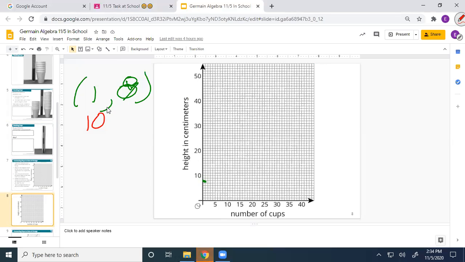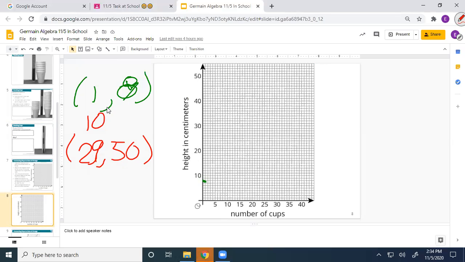So we know that 29 is going to have a height of what? 50. If I want to get to 29 comma 50, physically, what do I have to do? I have to go over 29 and up to 50.